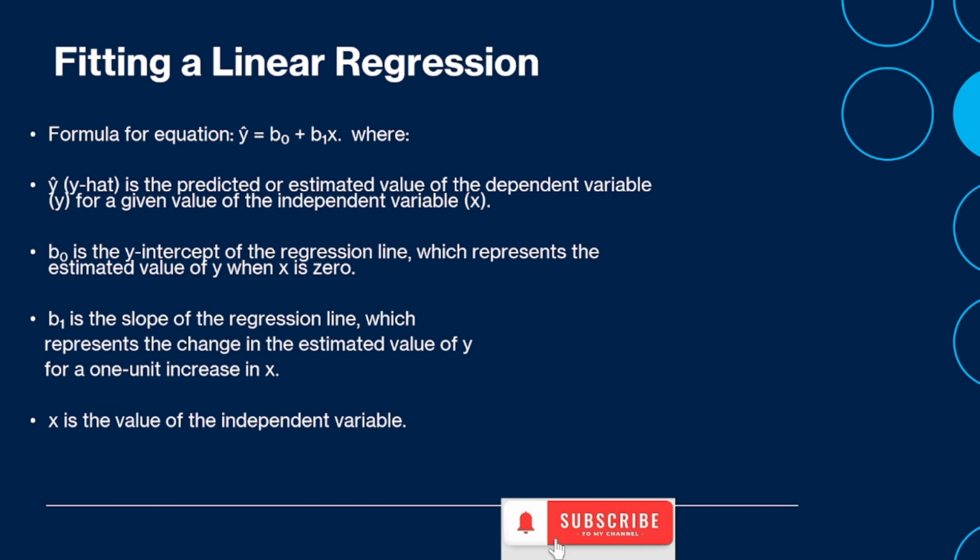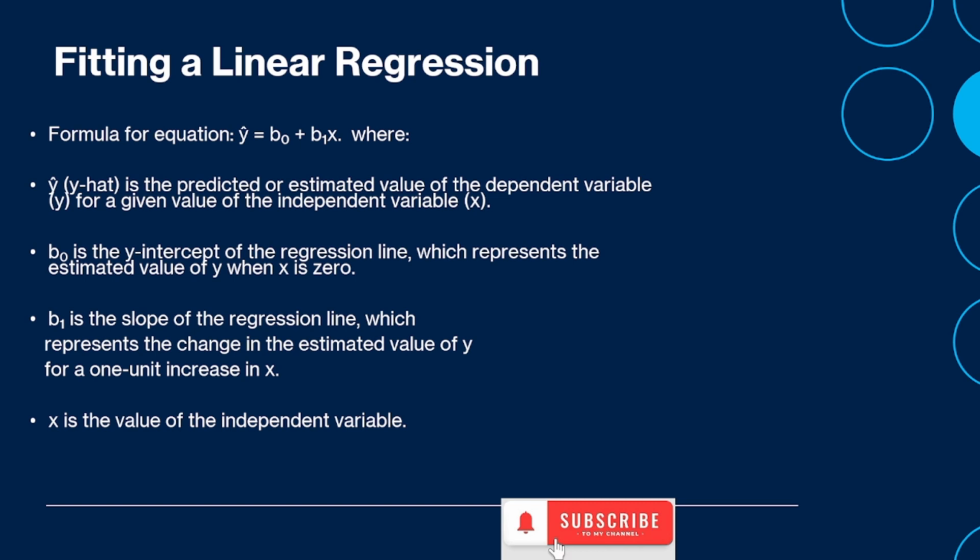Now, b0 is the y-intercept of our regression line. In other words, when x is 0, or when our explanatory variable doesn't exist, what is the status of y? How is our outcome variable when the explanatory variable doesn't exist?